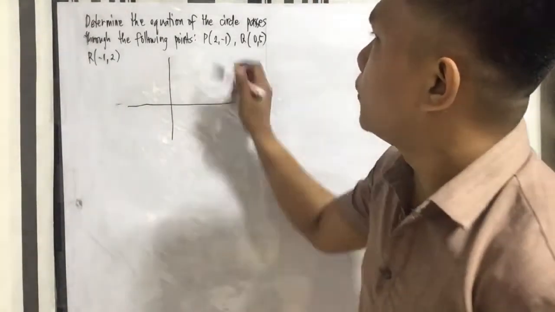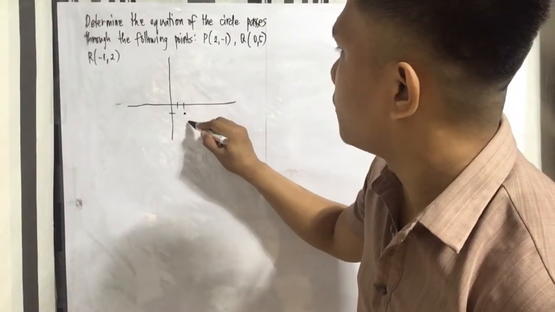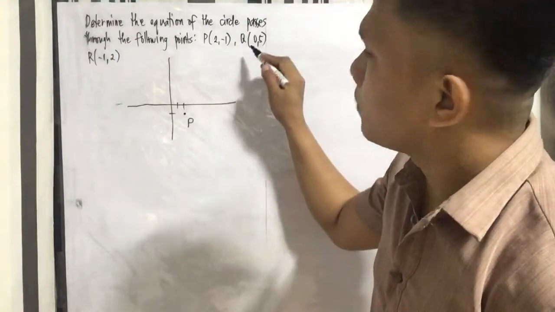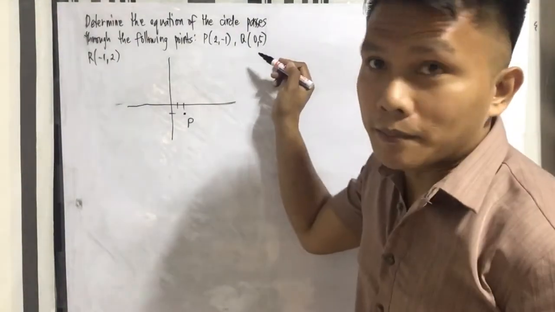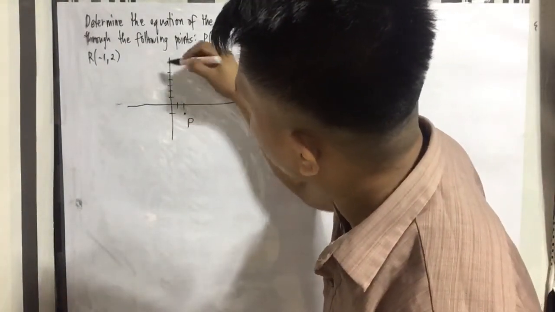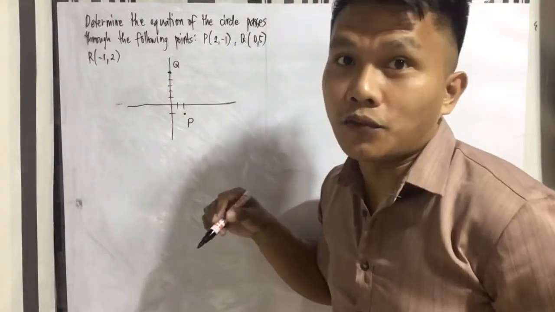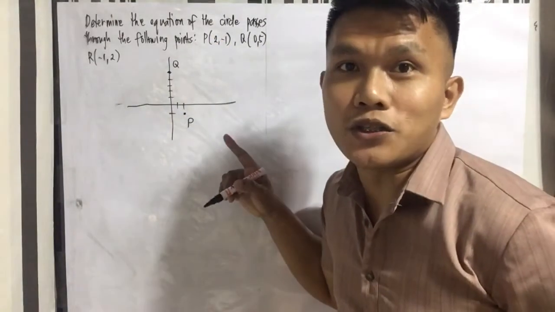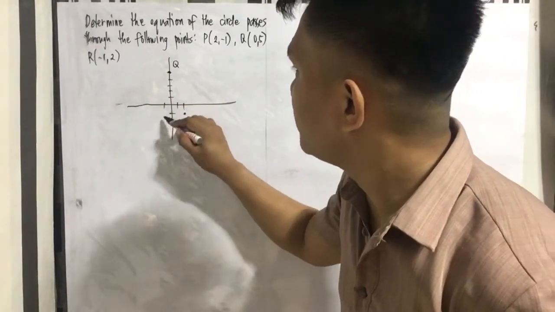Let us graph. We have point P at (2, -1). This is our point P. And we have point Q at (0, 5), so we count 1, 2, 3, 4, 5. That is our point Q. And then we also have point R, which is (-1, 2).